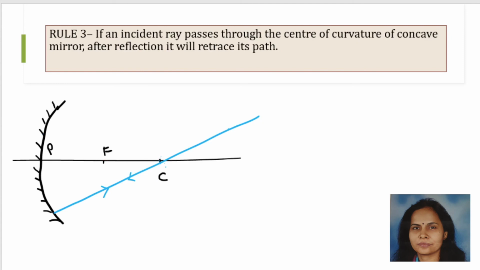In the third one, angle I and angle R are actually 0 degrees, right? Because the incident ray is falling along the normal, this is the normal itself, right? And the incident ray is passing through the normal, so angle I is equal to angle R is equal to 0 degrees, right?